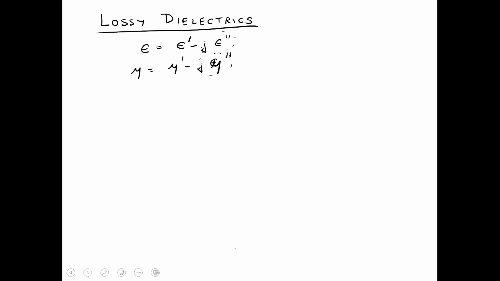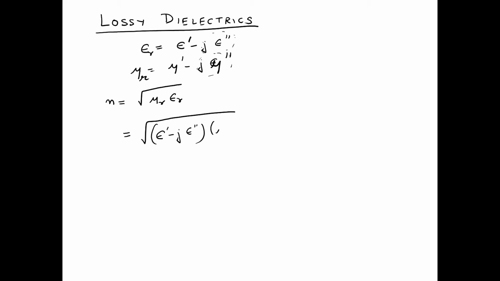Let's figure out what this imaginary component is going to do. If I consider my refractive index n, that is square root of mu r epsilon r. If I look at epsilon r and mu r, I get epsilon prime minus j epsilon double prime, and mu prime minus j mu double prime in the general case.